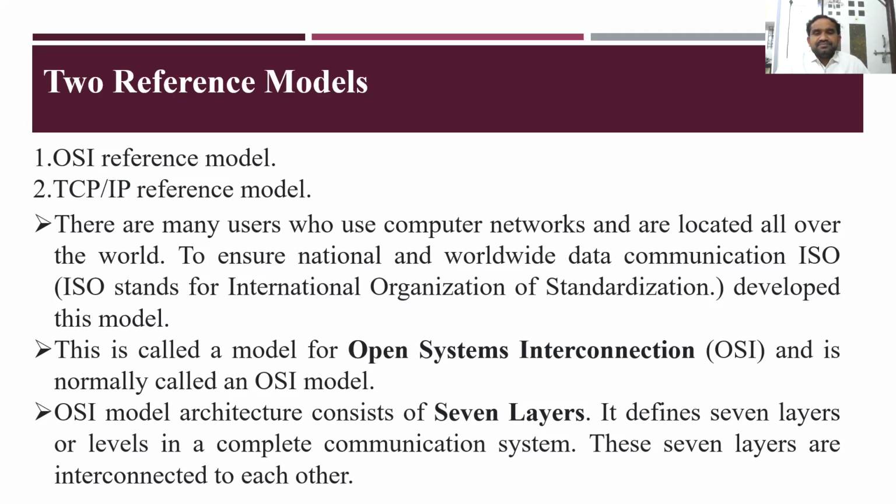Here, an open system is one that can easily communicate with other systems. For example, as human beings, our friends may say something about another friend: "Yes, my friend X is open-minded," meaning an open person.